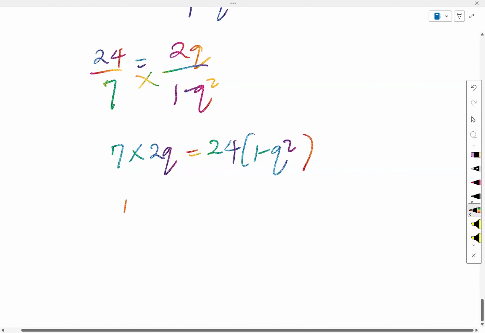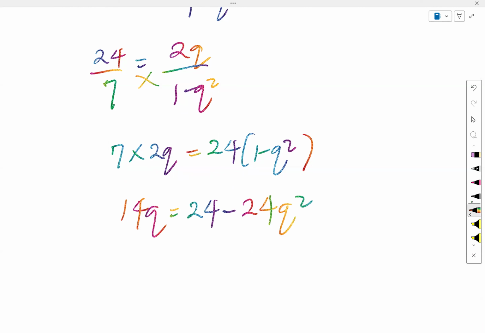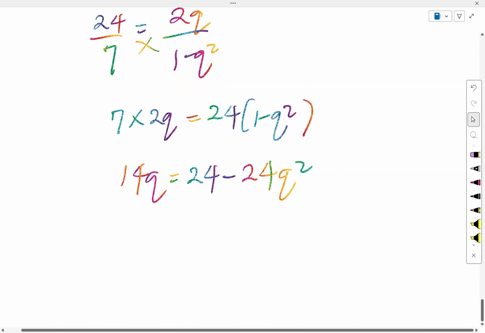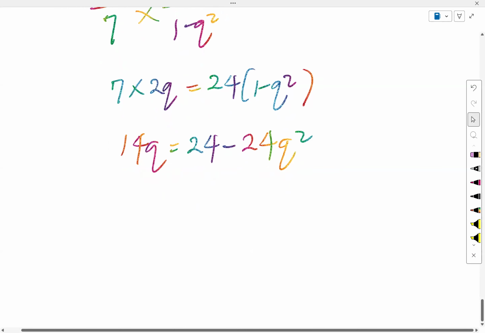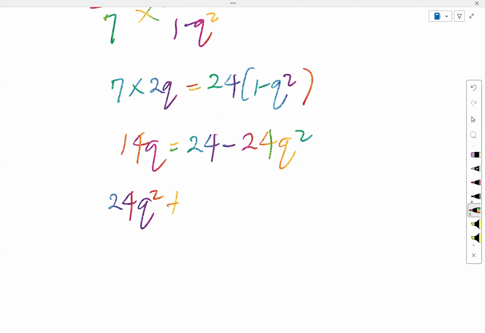So that you have 14q equals 24 minus 24q squared. Okay. So we have a quadratic equation to battle with, and we are solving for q, which is actually what we are looking for, right? So we can rearrange all this, and we have 24q squared plus 14q minus 24 equals 0.